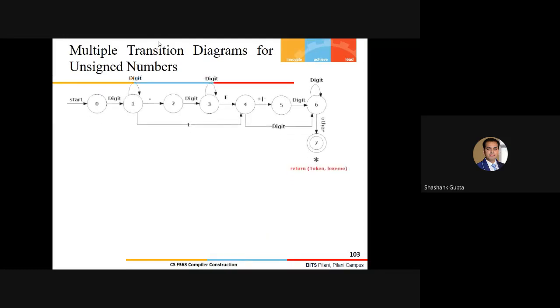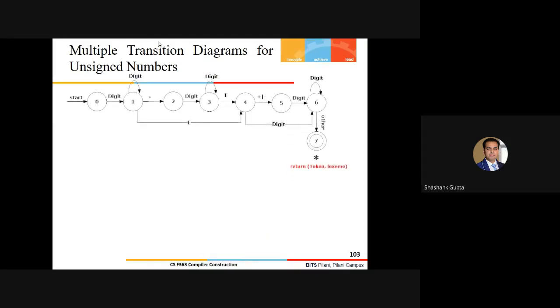Let's look into this. This is the first transition diagram in some sequence. Let's recall what we have seen earlier, that there must be a preferable sequence which is only capturing the exponent numbers, such as 26.34e-7, such exponent power numbers.